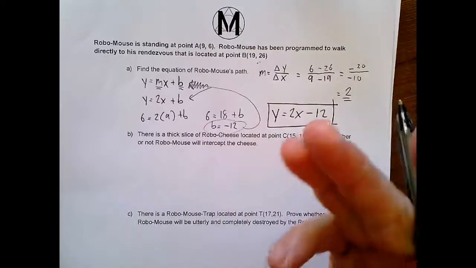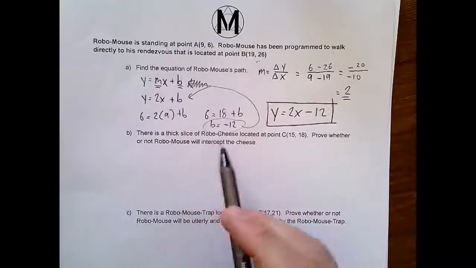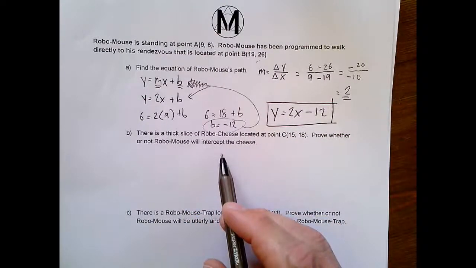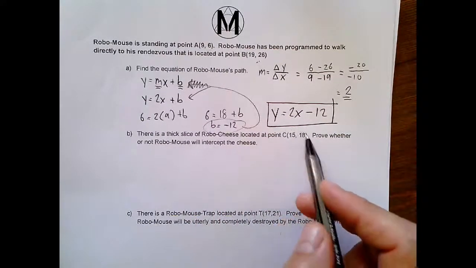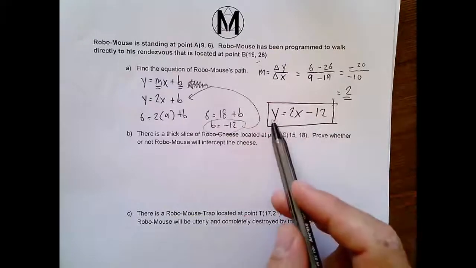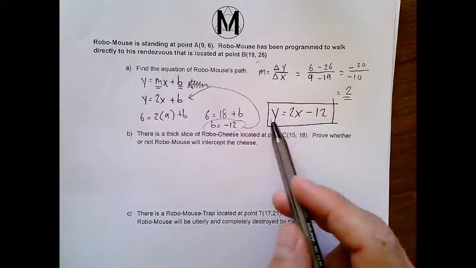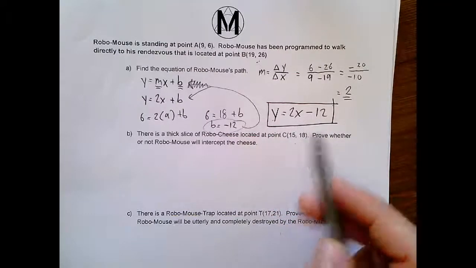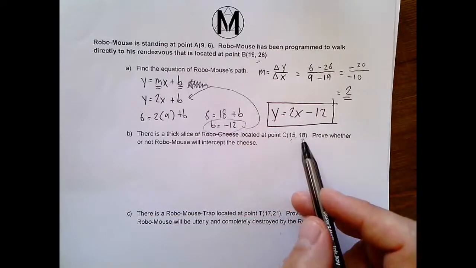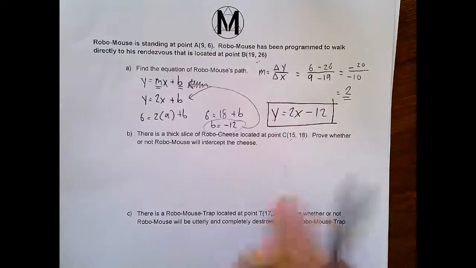If he would intercept the cheese, that would mean this point is in fact on this line. The way you test this is pretty straightforward: you take this line and substitute in 15 for x and 18 for y.